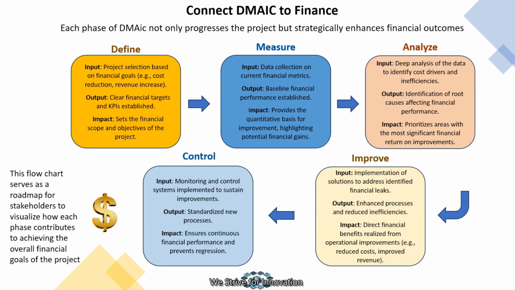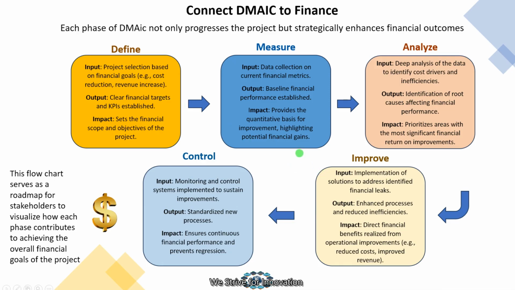Remember, this flow chart serves as a roadmap for stakeholders to visualize how each phase contributes to achieving the overall financial goal of the project. Because remember, management only sees numbers, they don't see theories, and some of them don't even understand what goes on behind those theories. But out of those theories, they see numbers, and that's what they are concerned about.